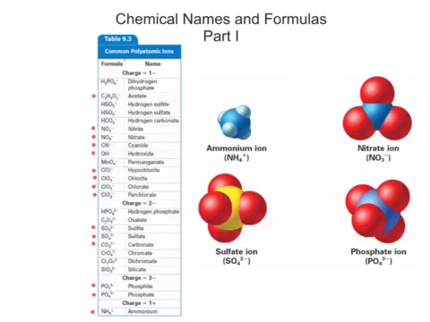Nitrate, that's one that you're going to have to keep track of, NO3-. Sulfate and phosphate, SO4 2-, and PO4 3-, respectively. So polyatomic ions can be positive, they can be negative, they can have -1, -2, or -3, depending on what they have. But you need to just memorize some of these to keep track of them.